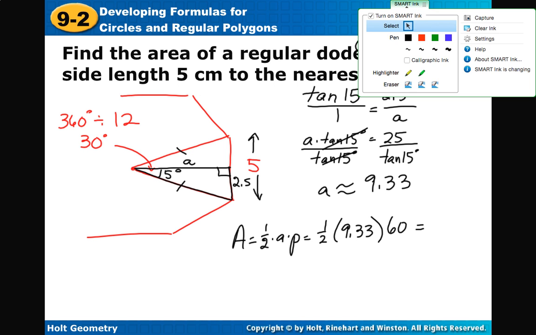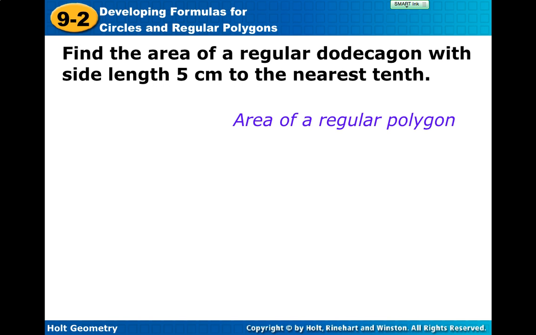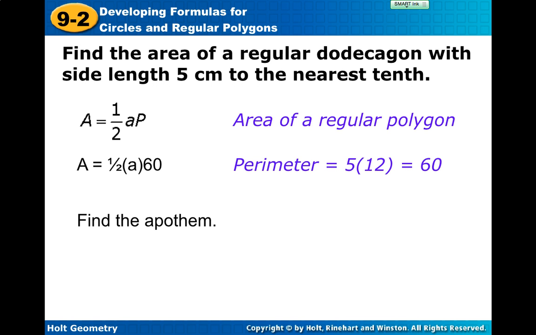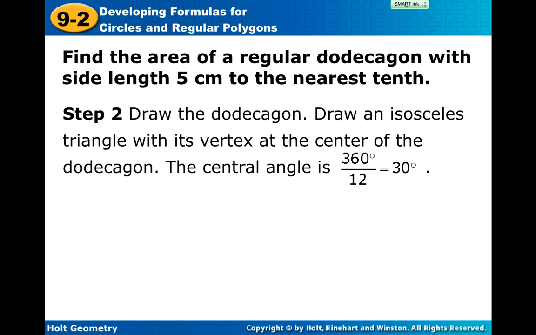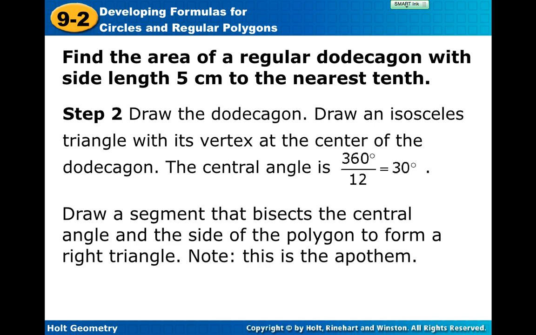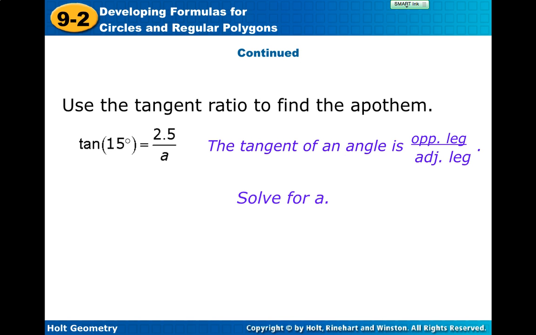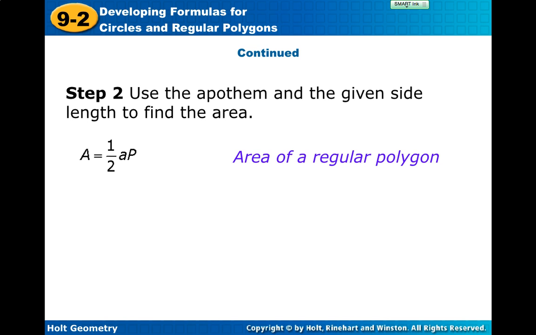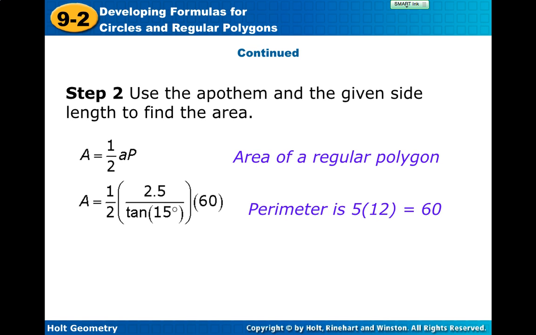Can I switch the screen? Just get rid of my writing and show my printed part. So we had to work with that little right triangle in order to get the apothem figured out, and then we could finish the problem. So that one was missing the apothem. There will be some that are missing maybe the side length, so that you can't do the perimeter.